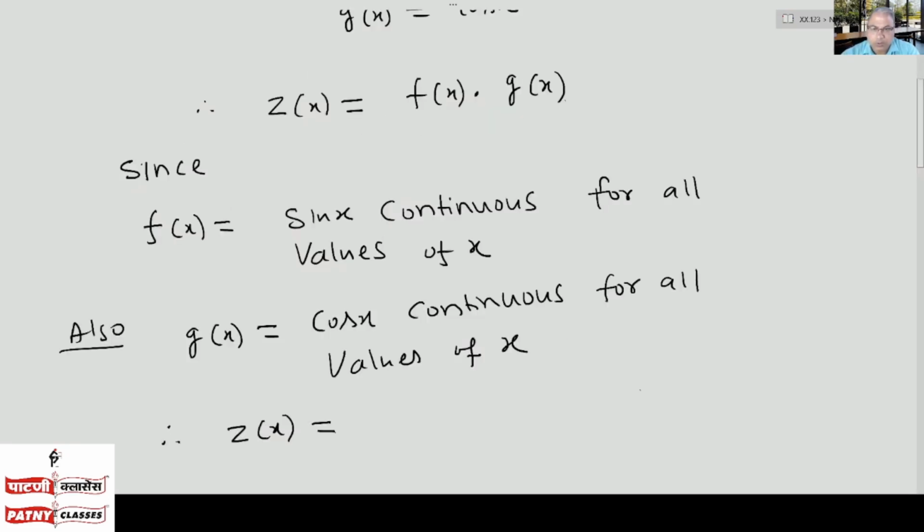Since f of x equals sin x is a continuous function for all values of x, and g of x equals cos x is also a continuous function for all values of x, therefore z of x is the product of two continuous functions.